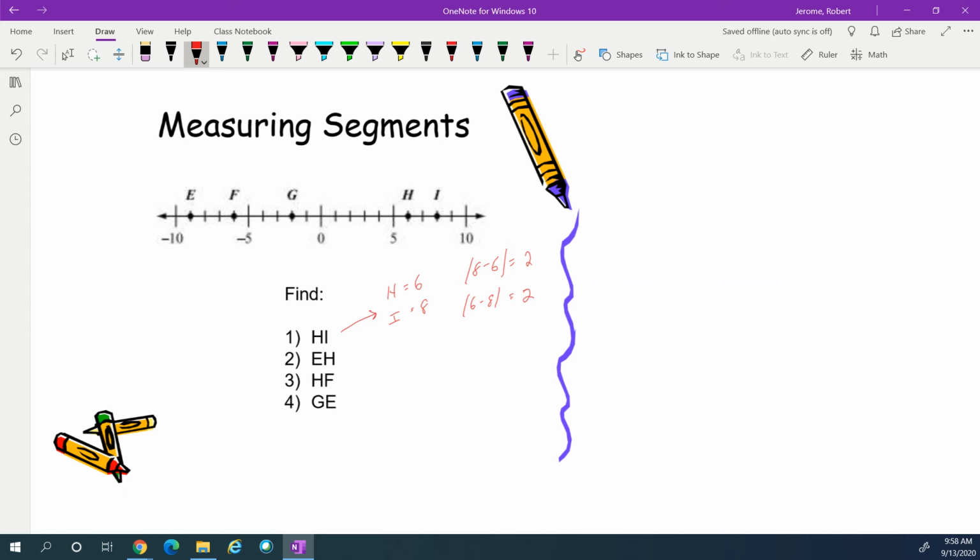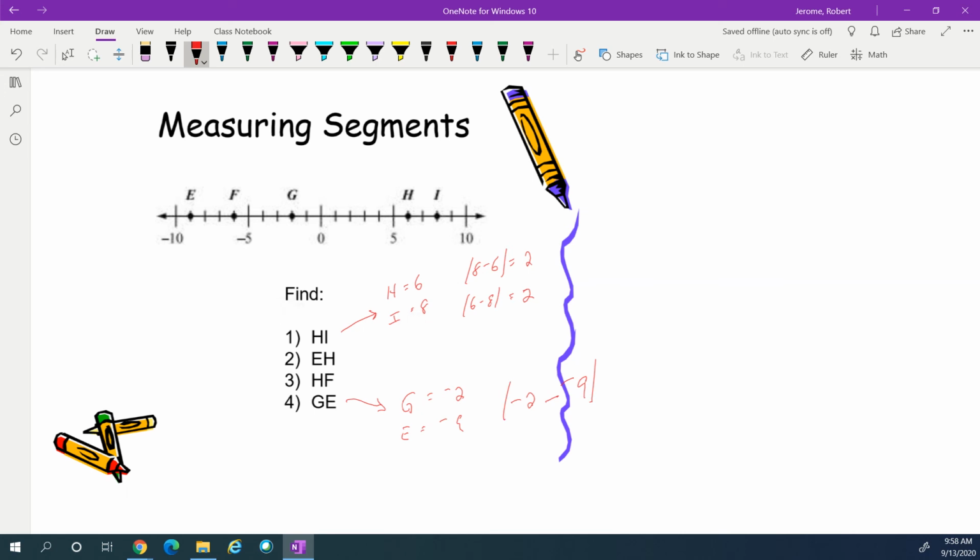Let's do another one. Let's look at something like number 4, GE. Well, G is at -2, and E is at -9. So I'm going to subtract. So -2 minus -9 absolute value.